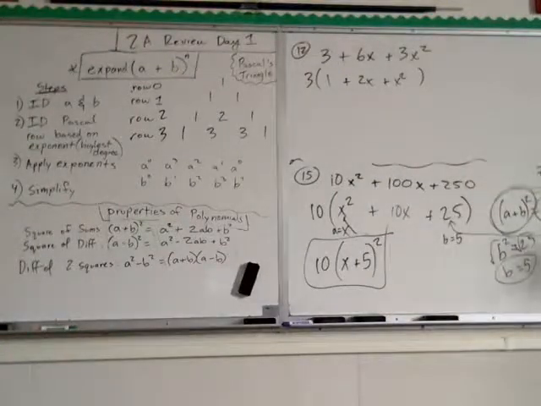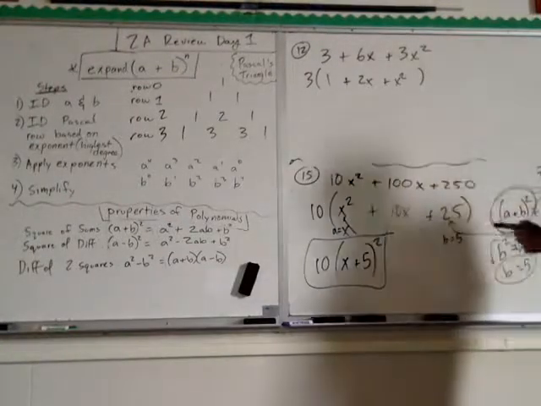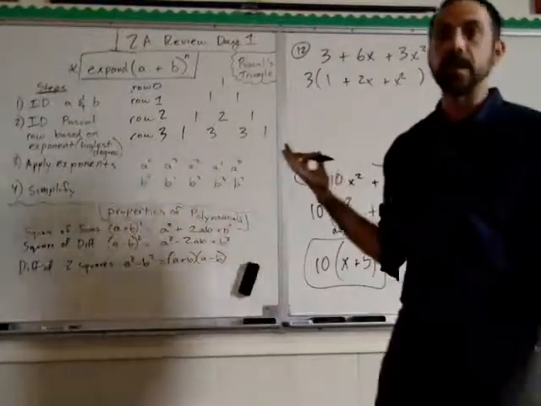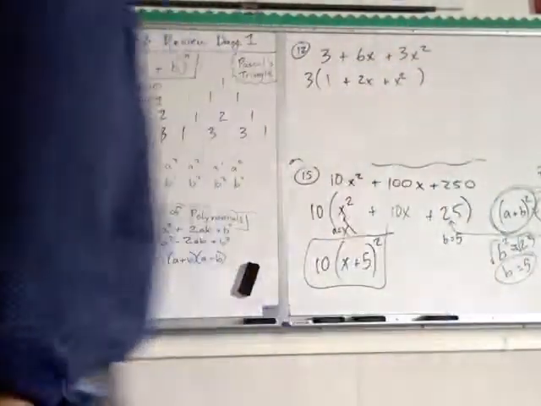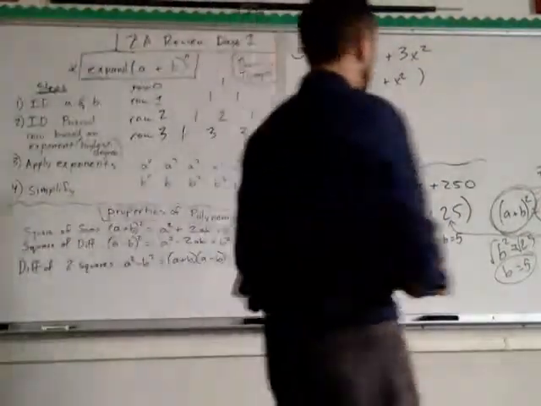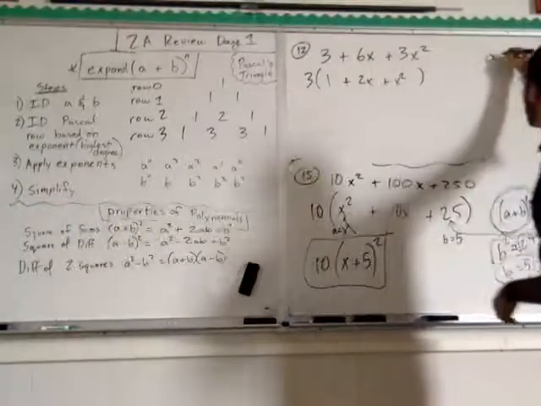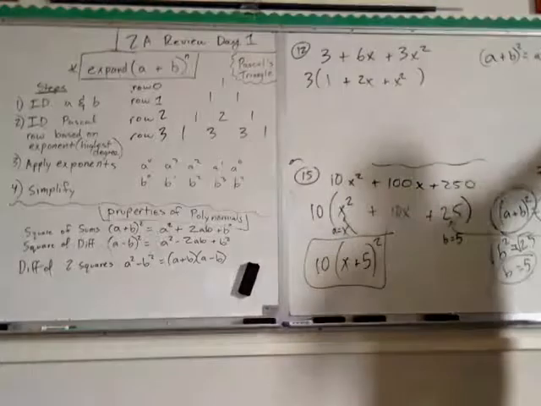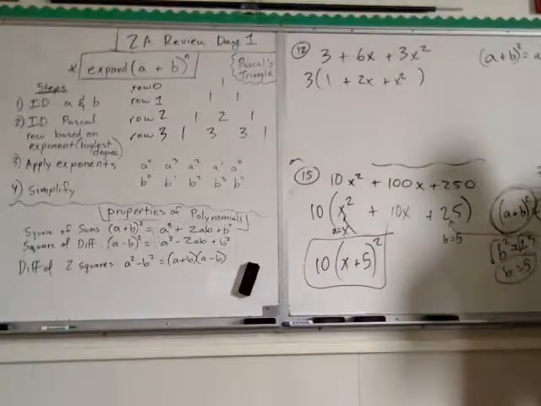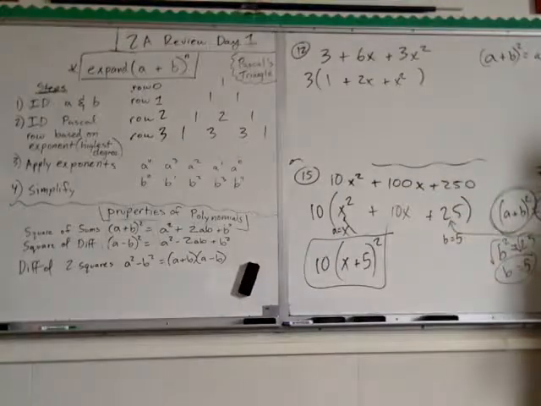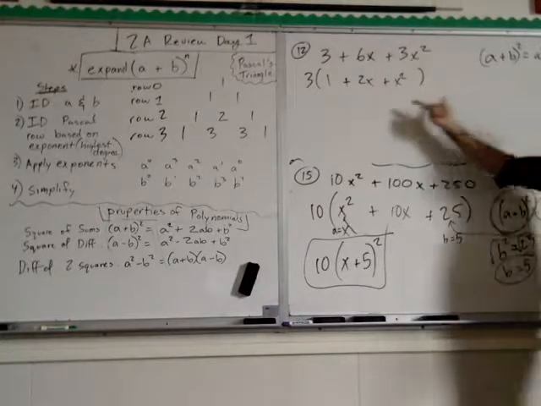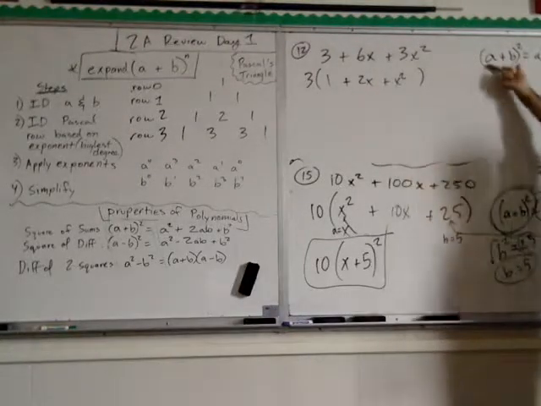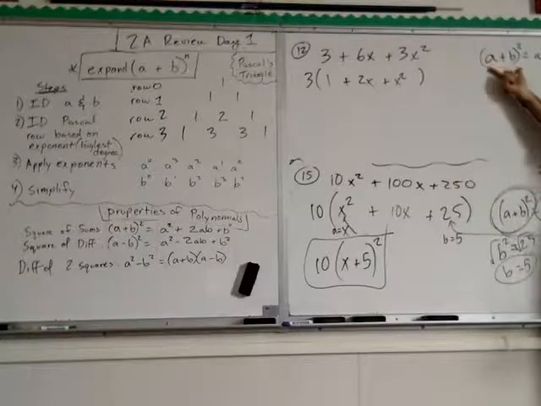Okay. And this looks like it's the same as last problem. So I know that I'm working on a plus b squared is equal to a squared plus 2ab plus b squared. So here's the deal. We have it in this form over here. We're going to get it into the square of sums.